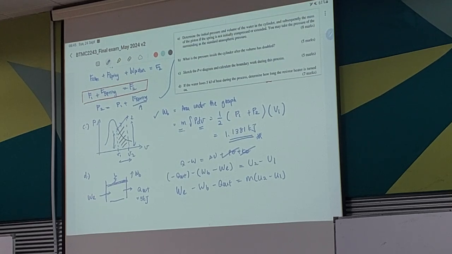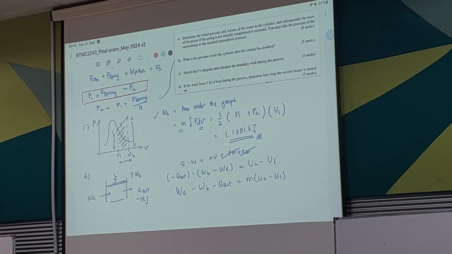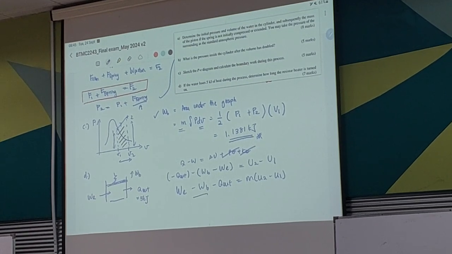As usual, for this kind of question, you have two ways of solving this. You can move this over here to change this into H, or you can just solve it as it is. In this case, there's no real reason for you to move the boundary work over because you have calculated the boundary work in the previous section, so you can use that value directly.